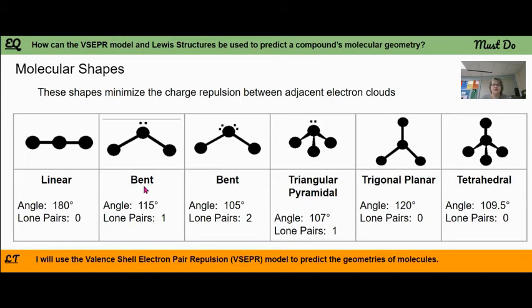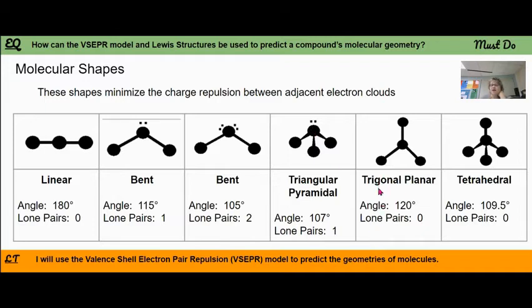There's bent, which has an angle of 115 degrees and has one lone pair. There's bent with 2 lone pairs, and you can see where there's 2 pairs here, and the angle is only 105 degrees. There's triangular pyramidal, which is an angle of 107 degrees, so each of these is 107 degrees, and there's 1 lone pair.